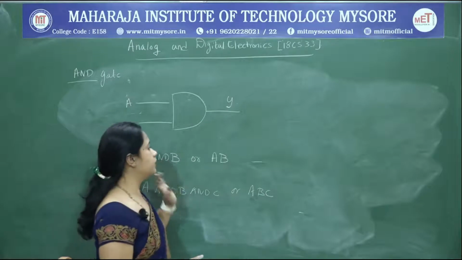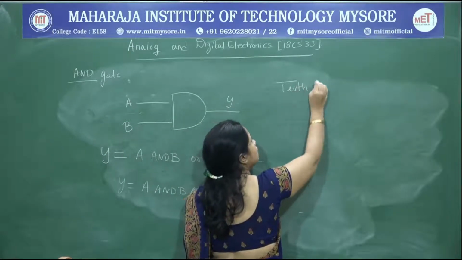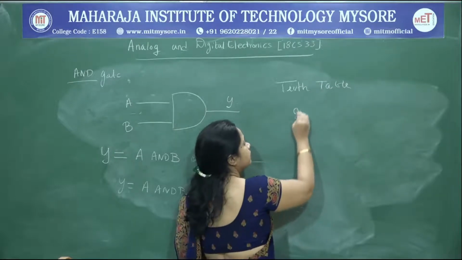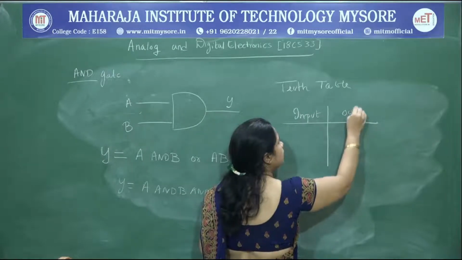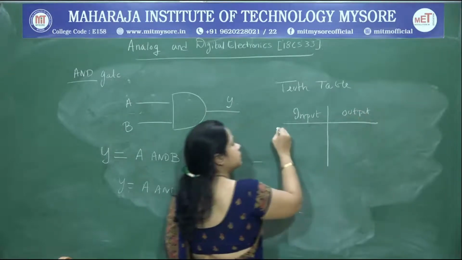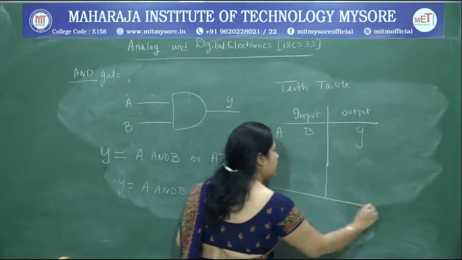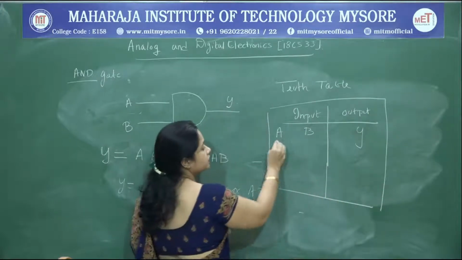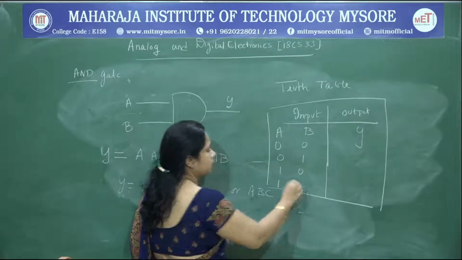So for a 2 input AND gate, again I will write the truth table. Just to recall, a truth table is a table which gives the output for all possible values of inputs. So I will write input here and output here. The inputs are A and B, output is Y, and I need to write all possible values of inputs: 0 0, 0 1, 1 0 and 1 1.